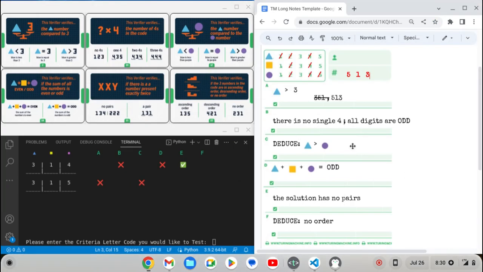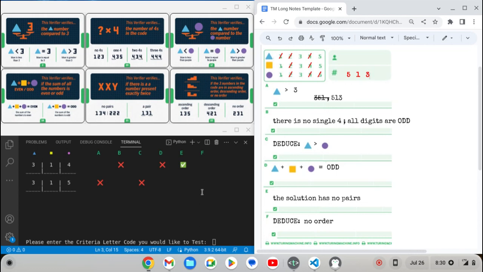Like I mentioned, in the first round those combination of cards really helped us limit it to just distinct odd digit solutions. And then the deduction between criteria cards B, C and F helped us establish that there was no order.